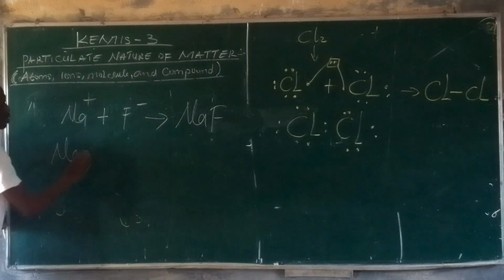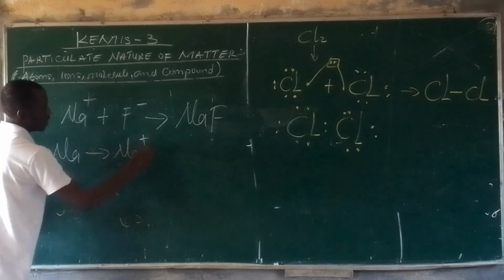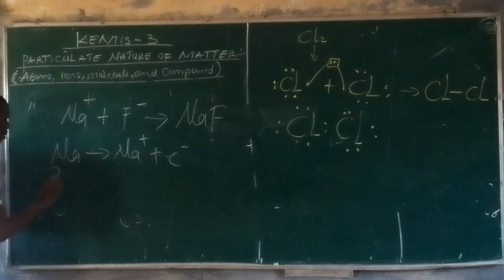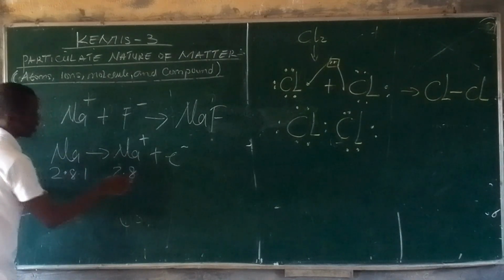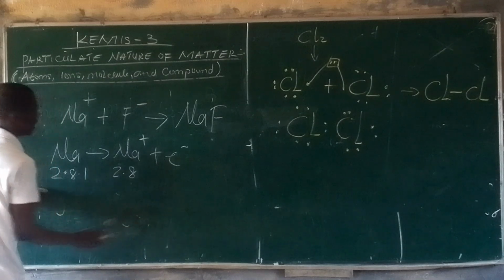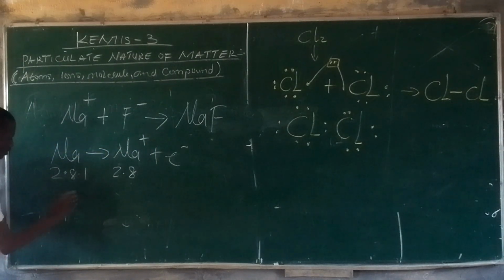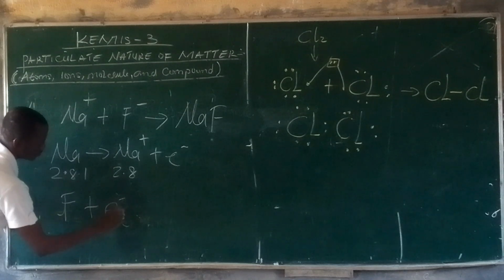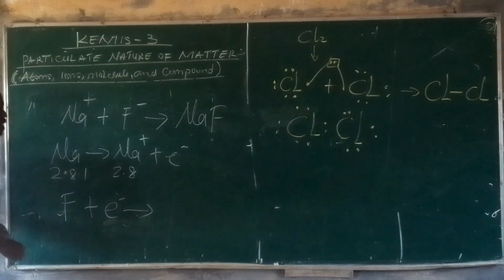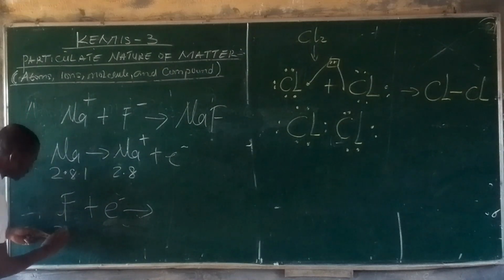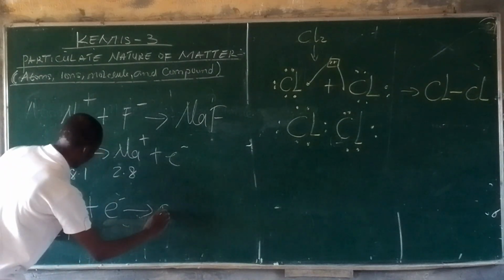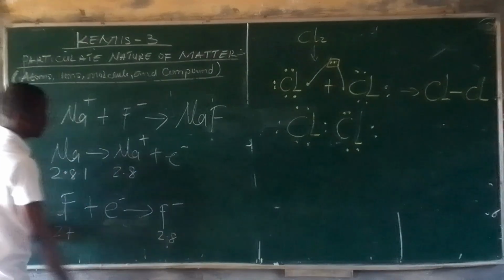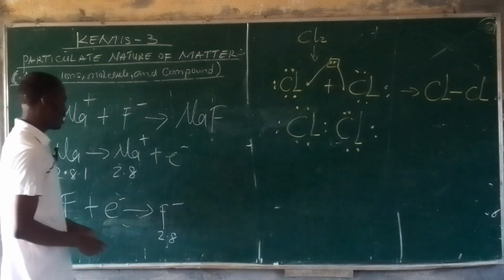Sodium gives out an electron and becomes positively charged. Normally, sodium has atomic number 11. It gives out an electron, becomes an octet configuration, having a positive charge. This is called oxidation. And then fluorine receives the electron. Fluorine has atomic number 9, so we have 2, and 9 minus 2 should be 7. Then with the received electron we have fluorine, which is 2, 8. You see that now? So this is what is happening here.